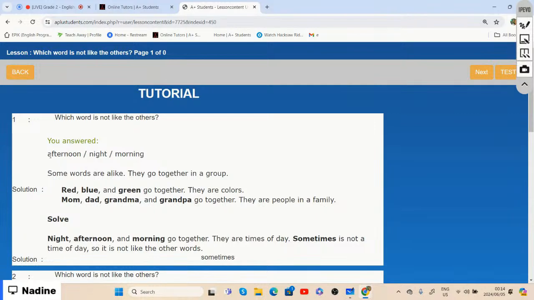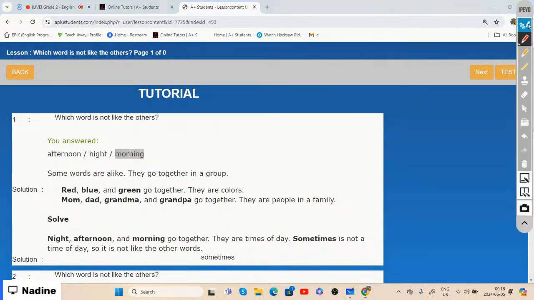So even if we look at these words, afternoon, night, morning, right?